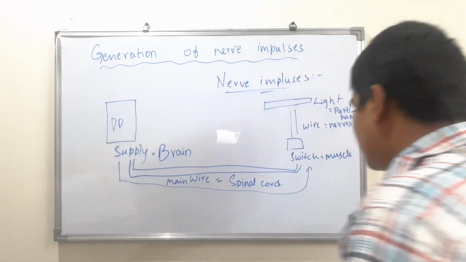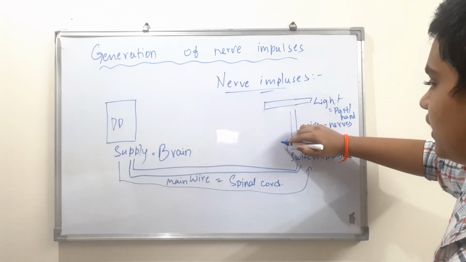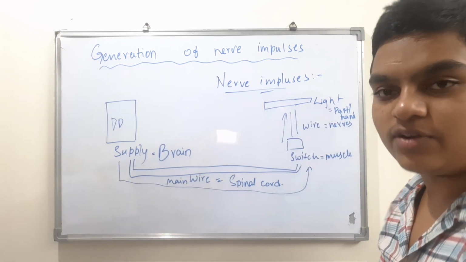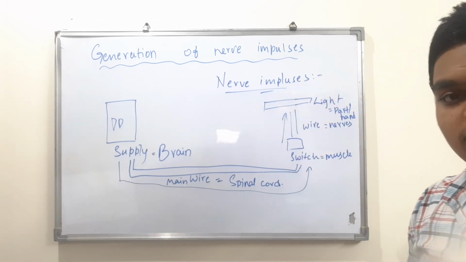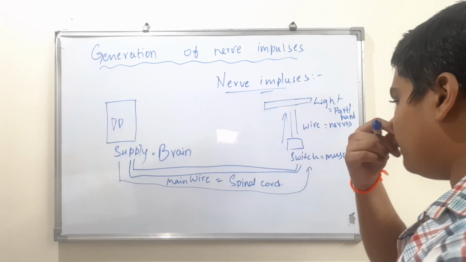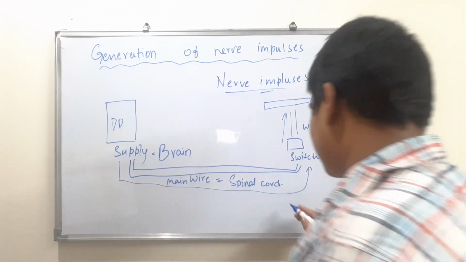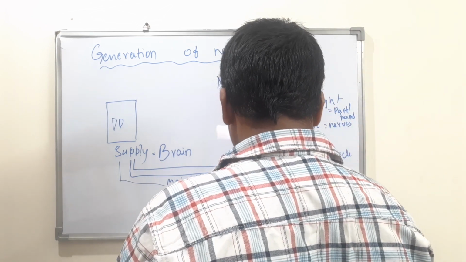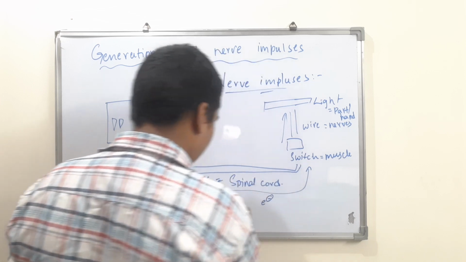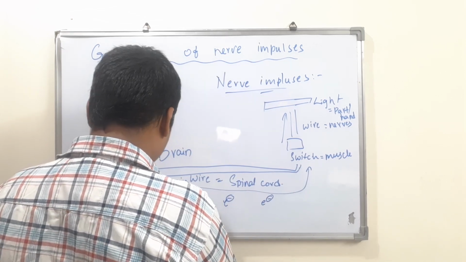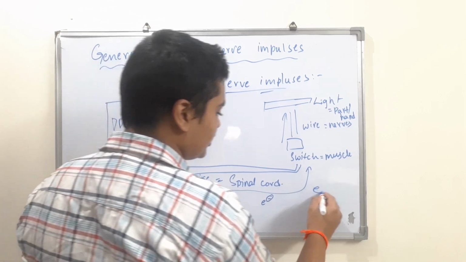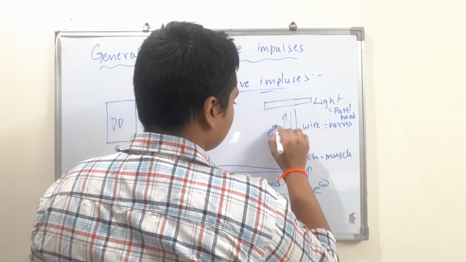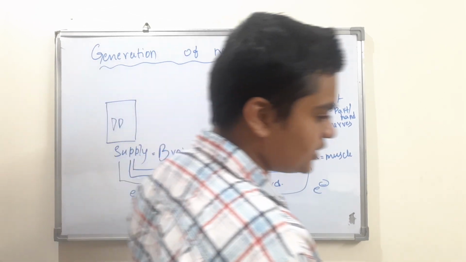And if you turn on this switch, then the current flows from the switch to the light. Now this current is nothing but a movement of electrons. It is a flow of electrons, electricity, electrical current. Electrons are flowing in this direction.